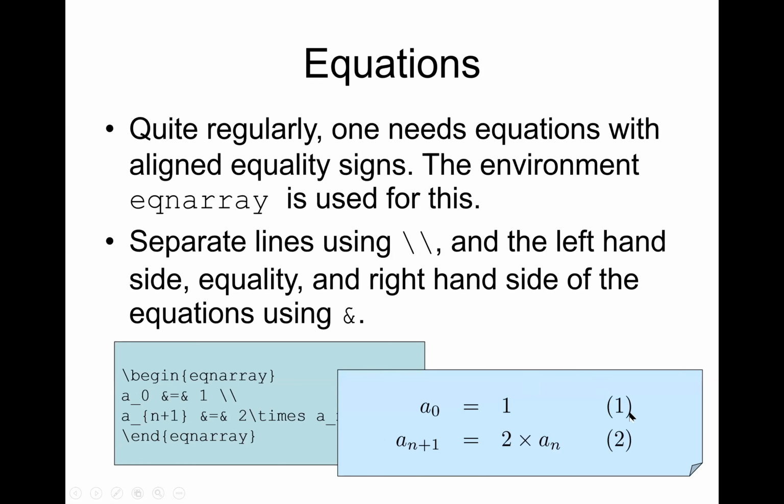Now, the equations are automatically numbered. If you want to remove the number, I'll show you how to remove it. So you see that the equal to signs are aligned vertically nicely. So it makes the presentation of mathematical equations very wonderful.